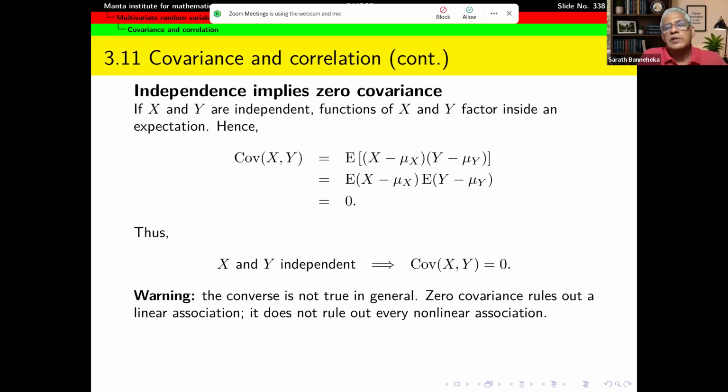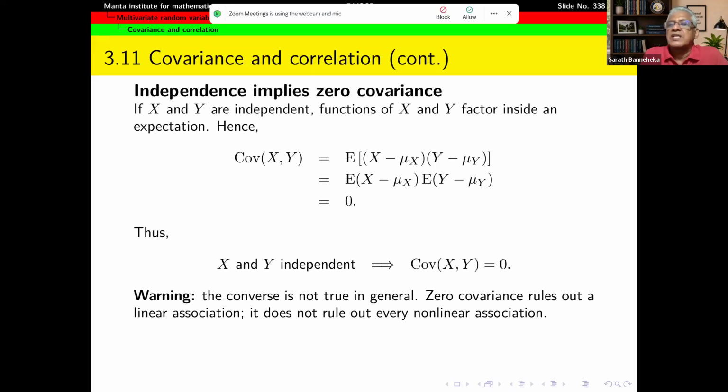Another way to define independence is in terms of the expected value. If the expected value of x times y is equal to expected value of x times expected value of y, then we say x and y are independent. That definition comes from the previous definition. And there's another way to explain independence.